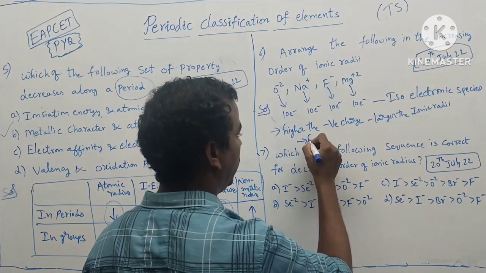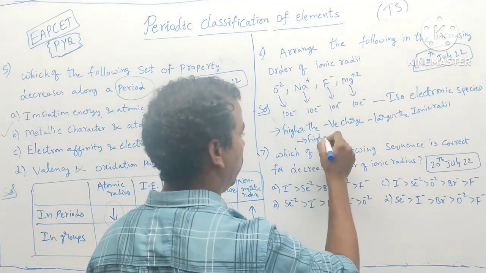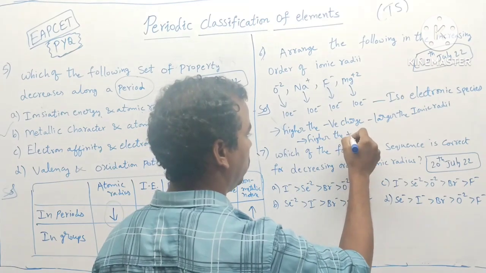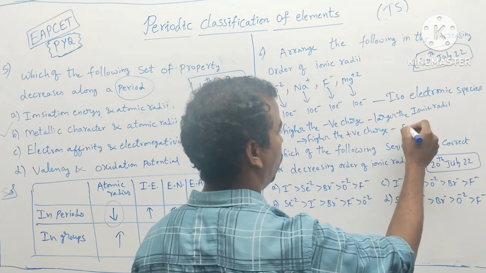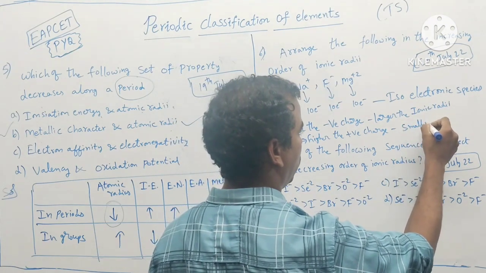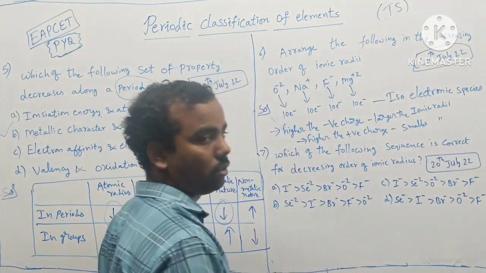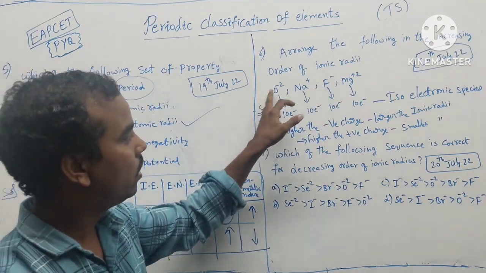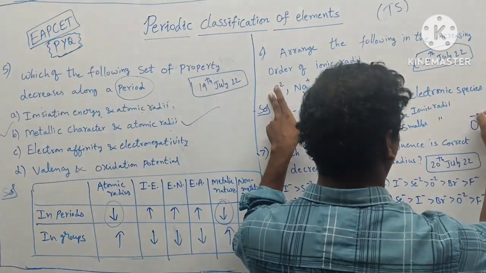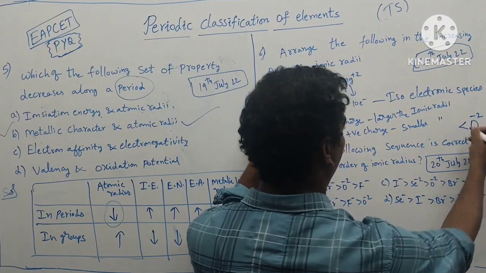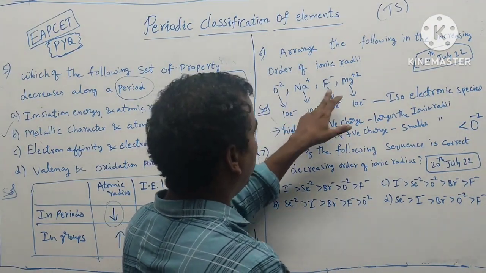Next, the higher the positive charge, the smaller the ionic radii. According to this, the higher the negative charge, O-2. Higher negative charge means larger atomic or ionic radii. So next to it is F-.